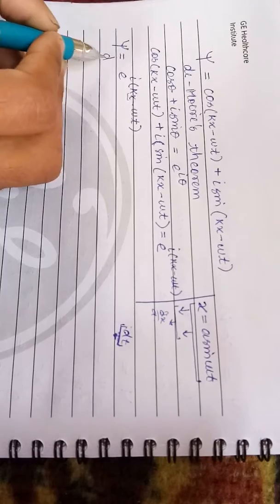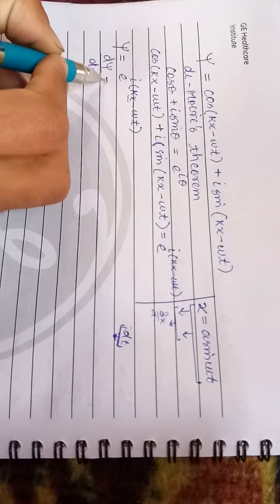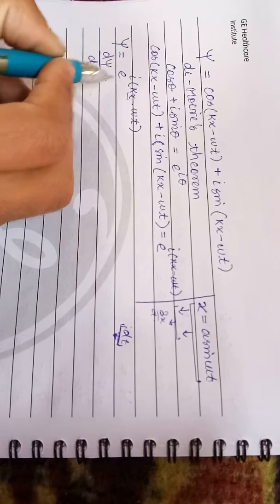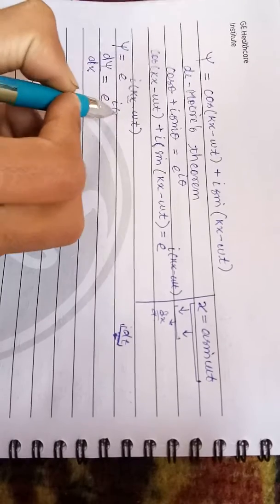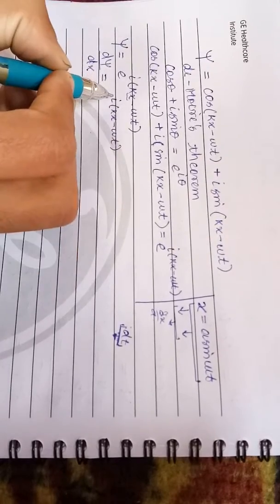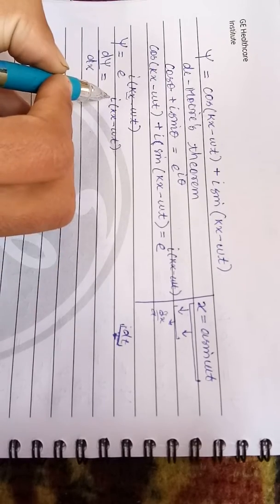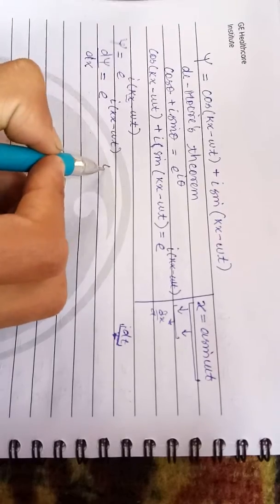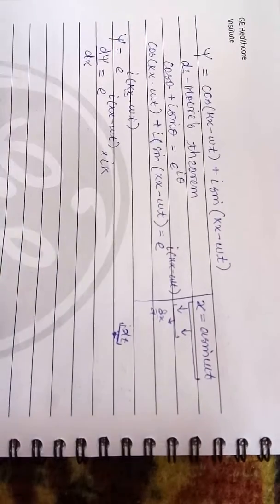Now I will differentiate this psi with respect to x. The differentiation of e raised to power x is again e raised to power x, but when the power is individually differentiated, it comes out to be i into k multiplying with this e raised to power.